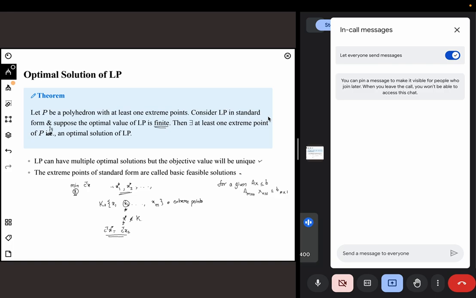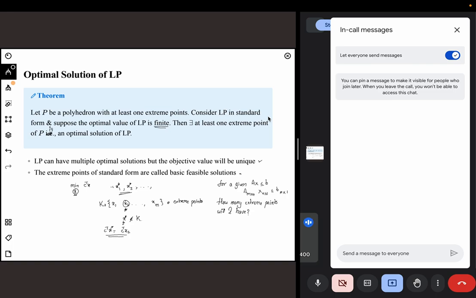For a polyhedron like this, how many extreme points will I have? We will solve some problems on this at some point later in the class. For now, we just ponder over it. So how do we calculate the number of extreme points that this particular system can have?